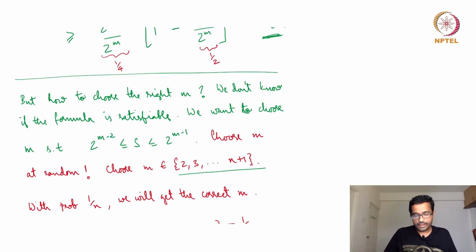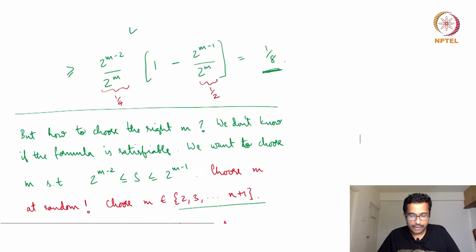And out of these choices, so any of these choices, there are n such values, 2 to 3 up to n plus 1, and any of these possibilities occur with probability 1 by n. And with probability 1 by n, you are in the correct window where the above probability calculation applies.